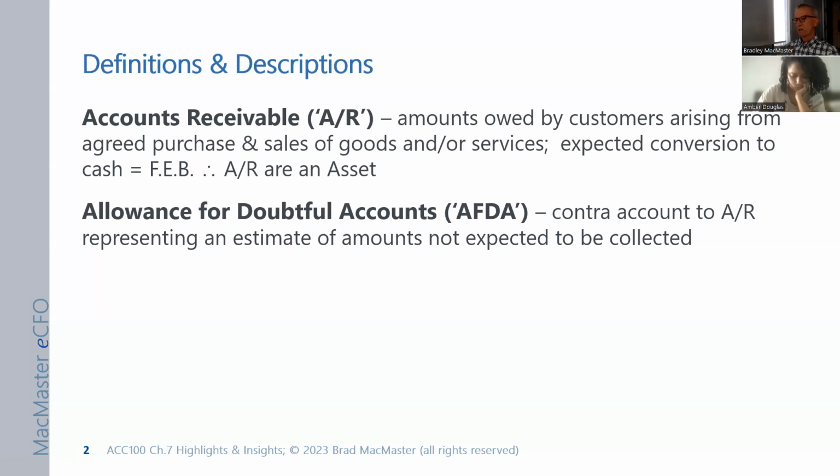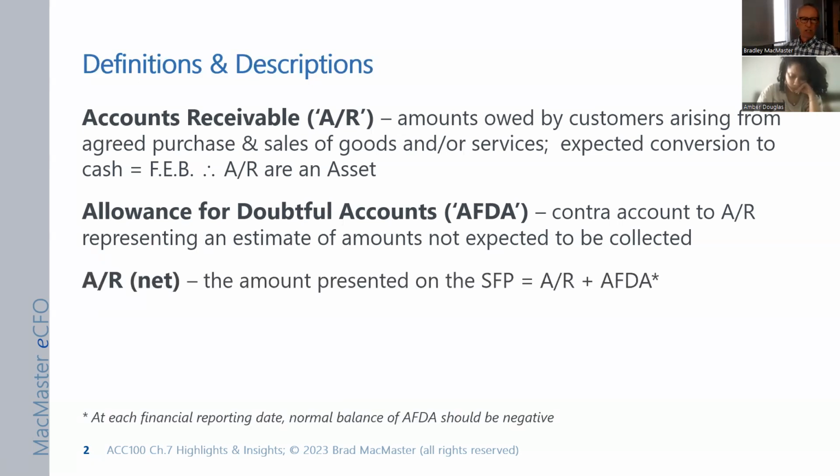So we make our estimates of uncollectible amounts in this separate account, and because they're uncollectible and they reduce the amount that we expect to collect, the allowance for doubtful accounts account is of the opposite sign to the host account, accounts receivable. Contra accounts are always of the opposite sign.